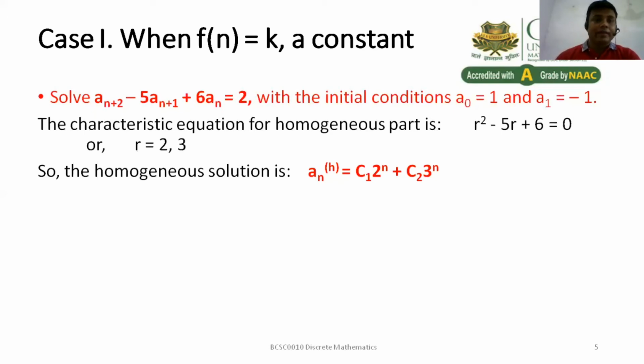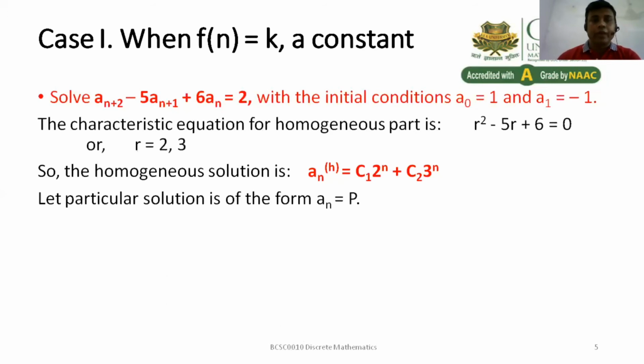And whenever the fn part is a constant, in that case the particular solution will be assumed to be a constant. So what we are saying here, let particular solution be of the form a_n equals to p. Here p is any constant. So we have assumed that the particular solution is also a constant.